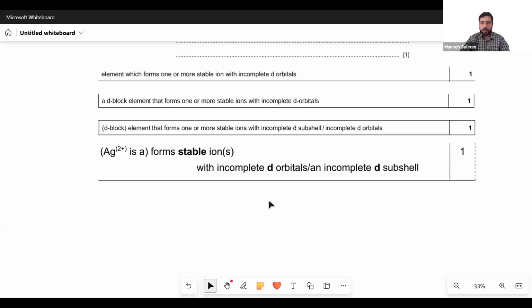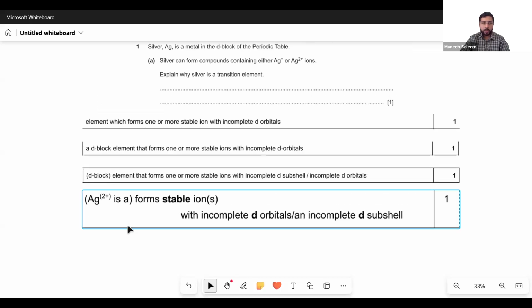Another option for giving the answer is to write that Ag2+ forms stable ions with incomplete d orbitals and incomplete d subshell.